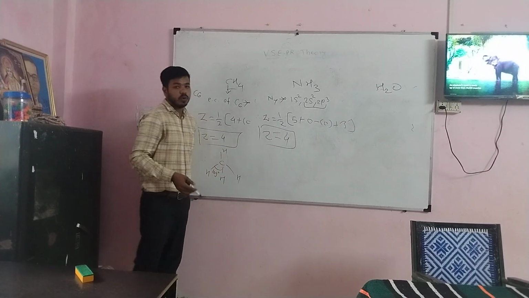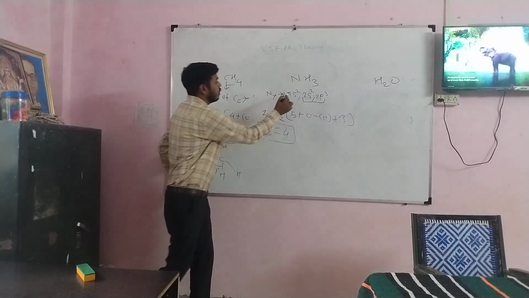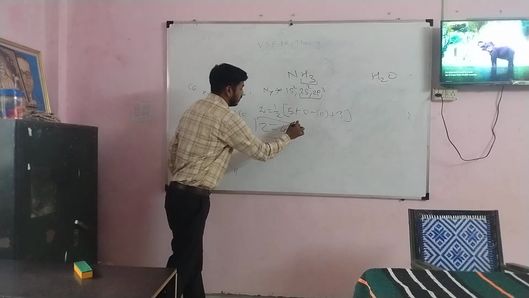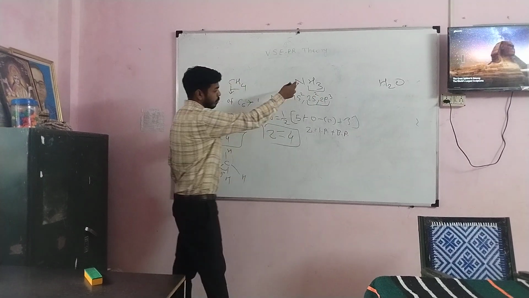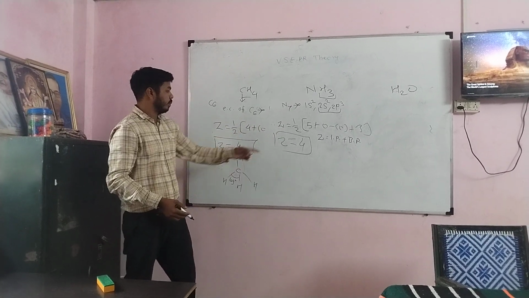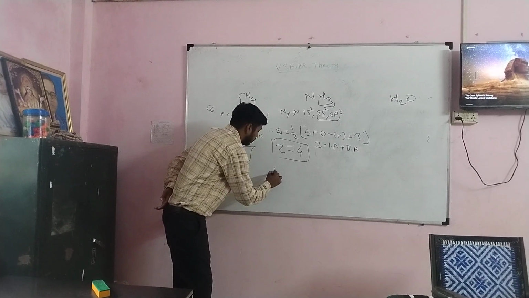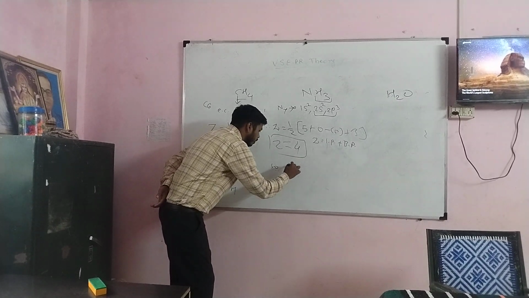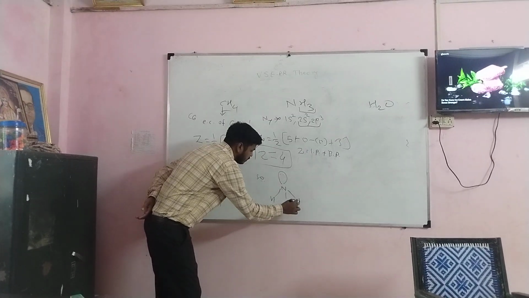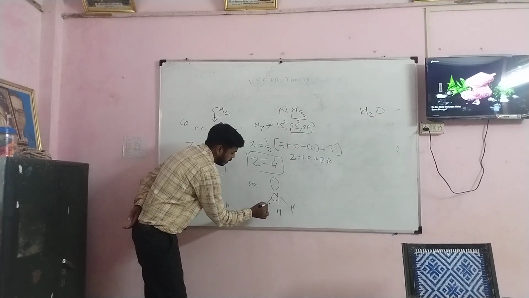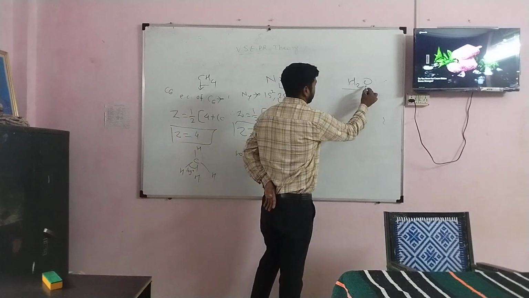So in the NH3 molecule, the total number of electron pairs is 4, but here only 3 bond pairs are present. So Z is equal to lone pair plus bond pair. So we have 3 bond pairs, then out of 4 electron pairs, 1 remaining is a lone pair. So the geometry of the molecule is tetrahedral, but the shape is not tetrahedral, and the bond angle between the bond pairs is 107 degrees.